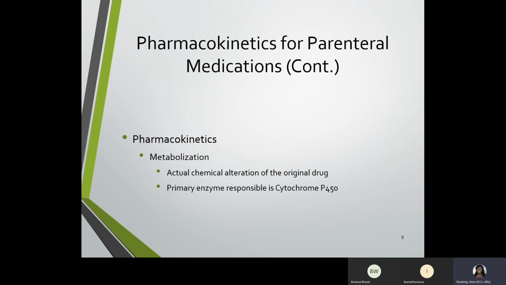The third step in the drug's life is to be metabolized in the liver, and this is an actual chemical alteration of the original drug. That is why after a medication is absorbed and then distributed, the drug is also going to be metabolized and broken down in the liver.